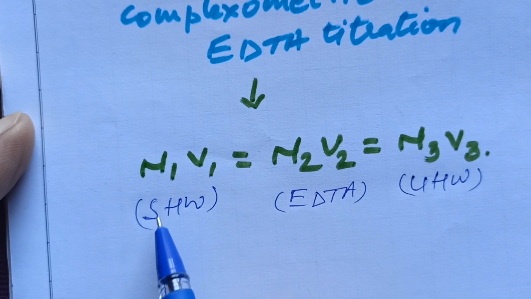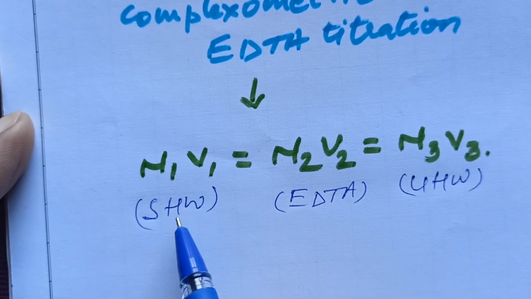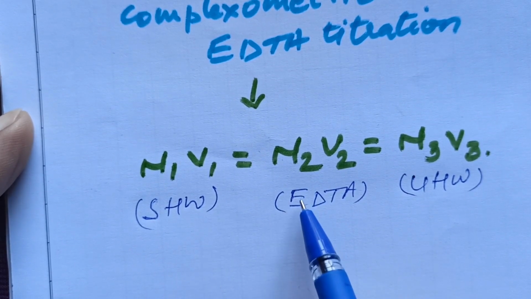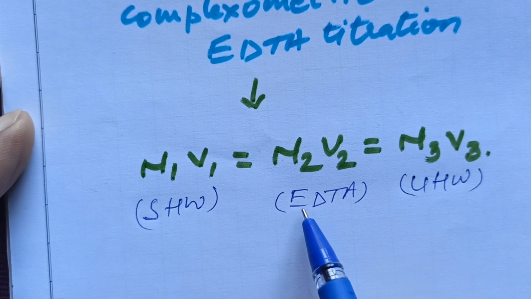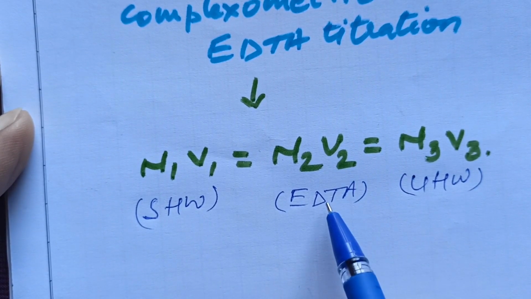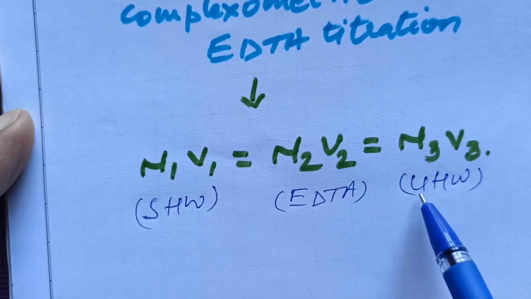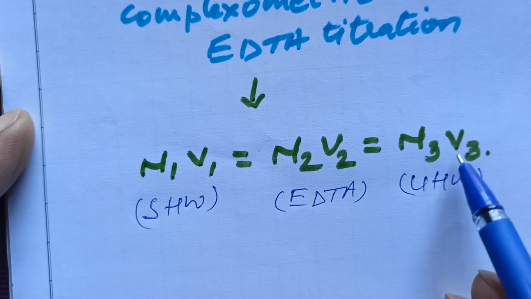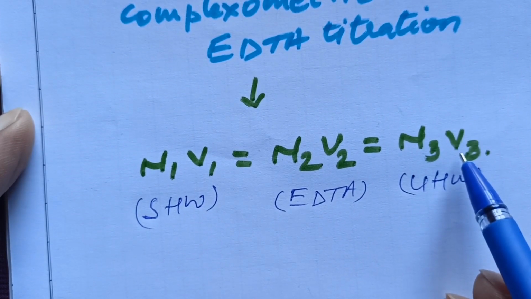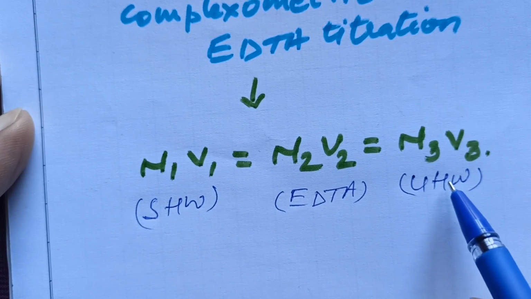So N1 is the normality of standard hard water, V1 is the volume of standard hard water, N2 is the normality of EDTA, V2 is the volume of EDTA, and N3 is the normality of the unknown hard water which is to be calculated, and V3 is the volume of the unknown hard water.